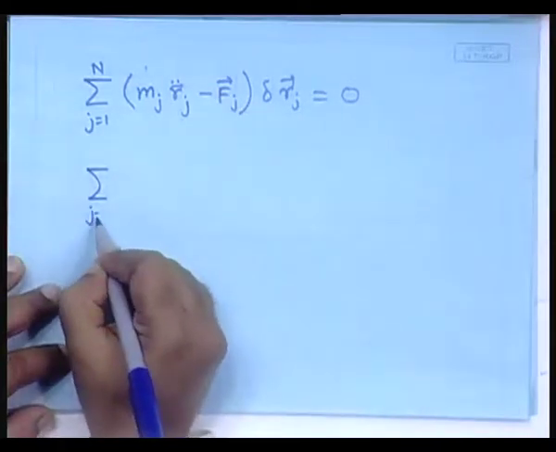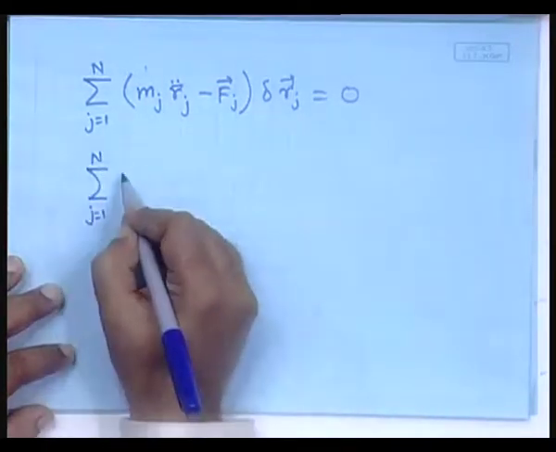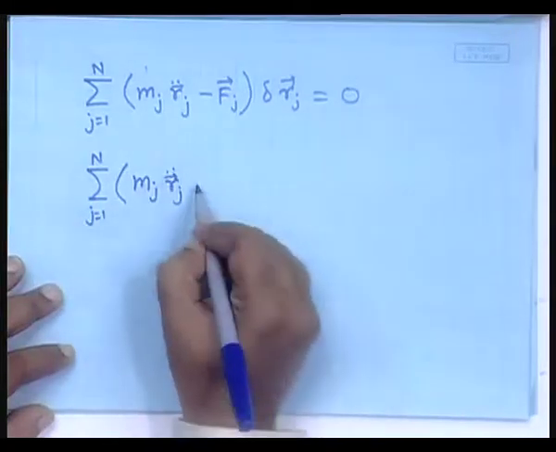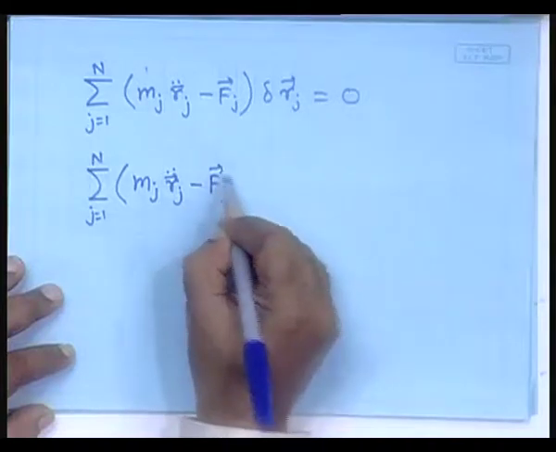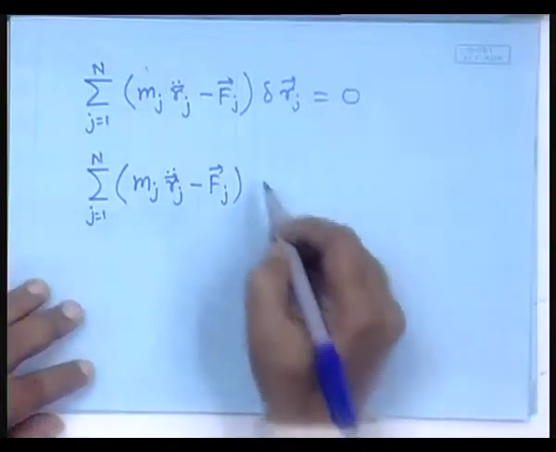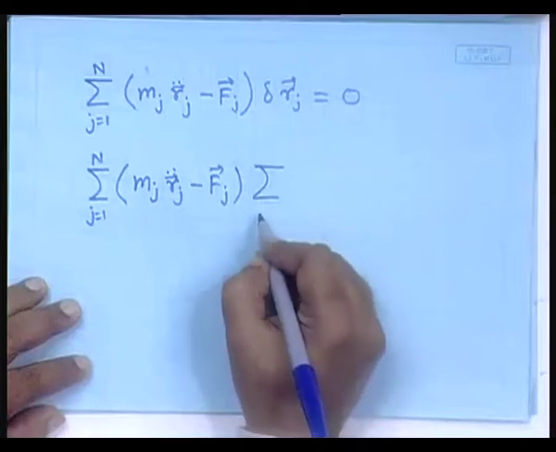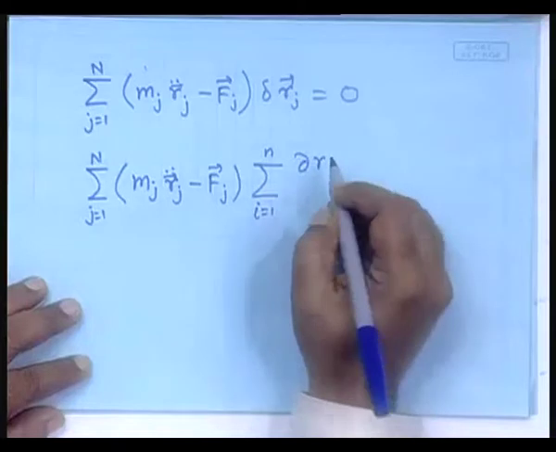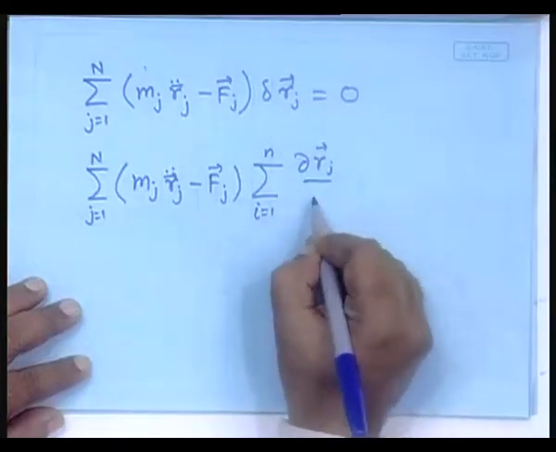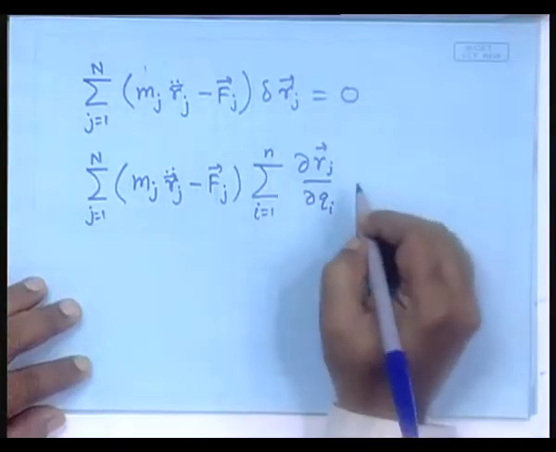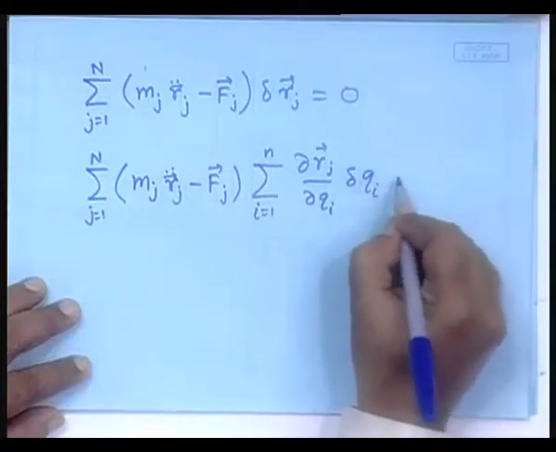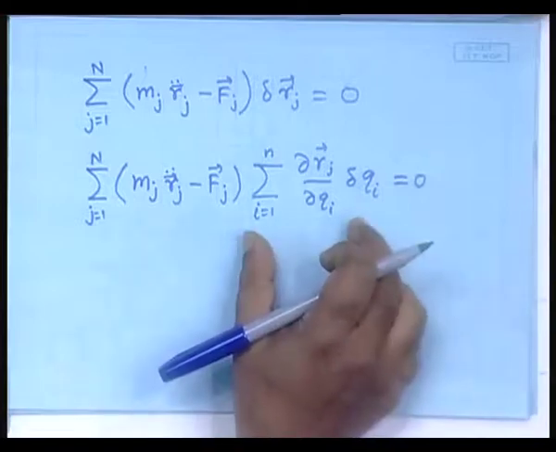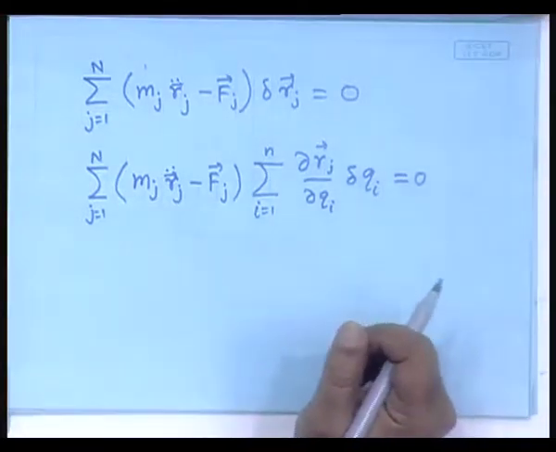You will see the sum over j of m j r double dot j minus f j, which is a vector, times all this stuff, summed over i from 1 to n. I have just substituted this.